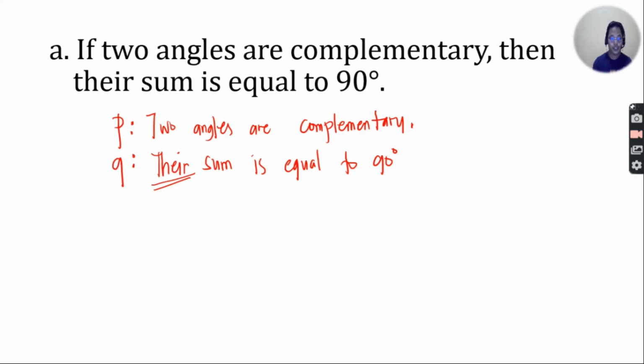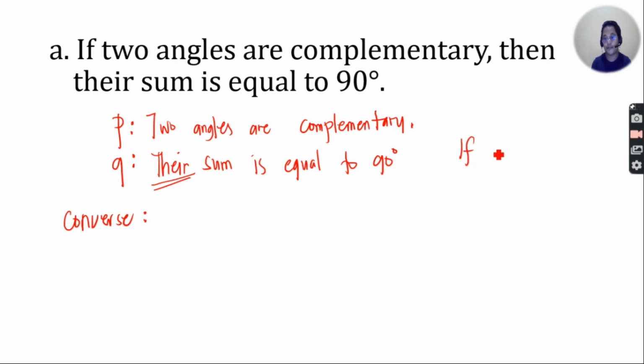So, sa paghanap ng converse po, or if we're going to write the converse of the conditional statement, kasi po yung ating conditional statement ay if P, then Q po.